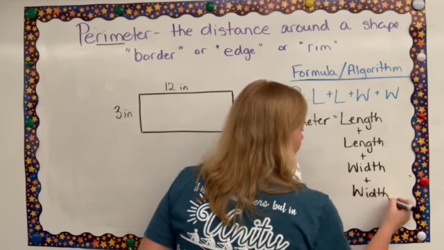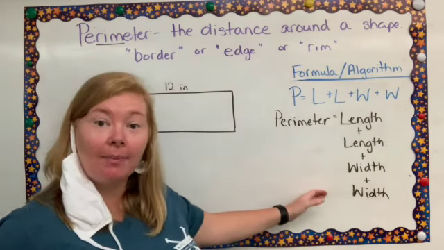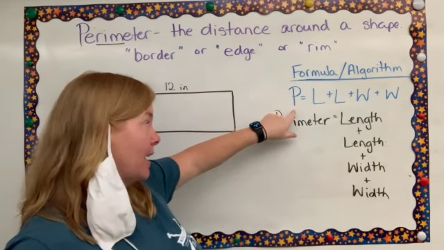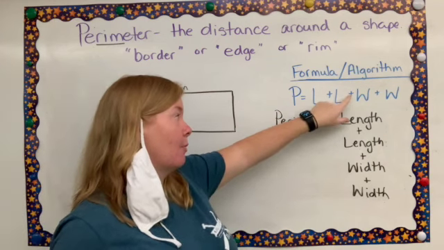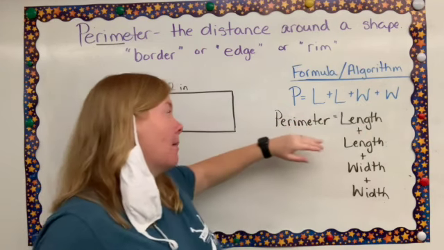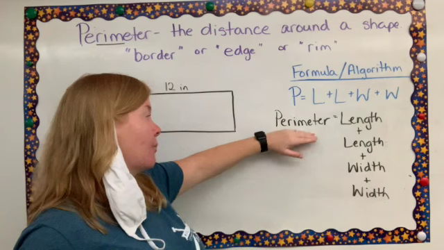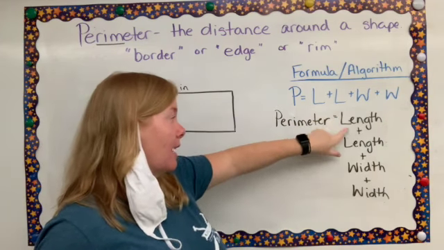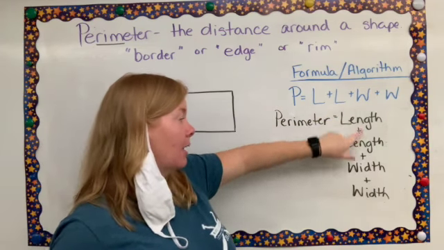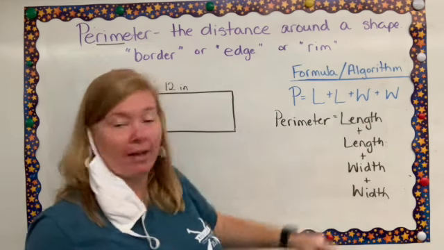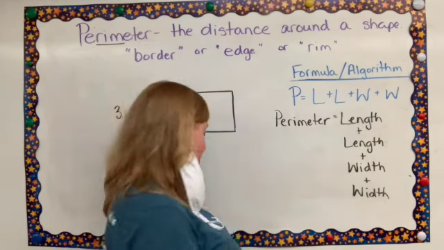Now, we don't want to have to write those words out every single time, so instead we just use P equals L plus L plus W plus W. But those letters mean perimeter equals length plus length plus width plus width. Okay? All right, perfect.